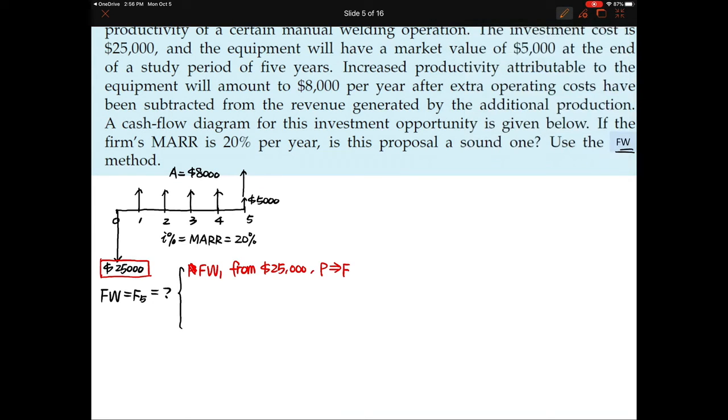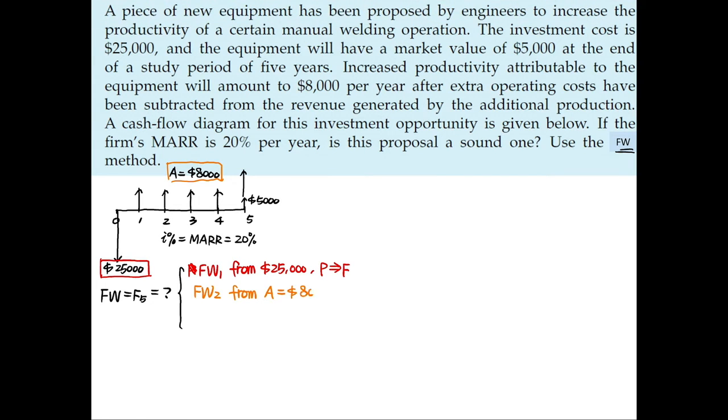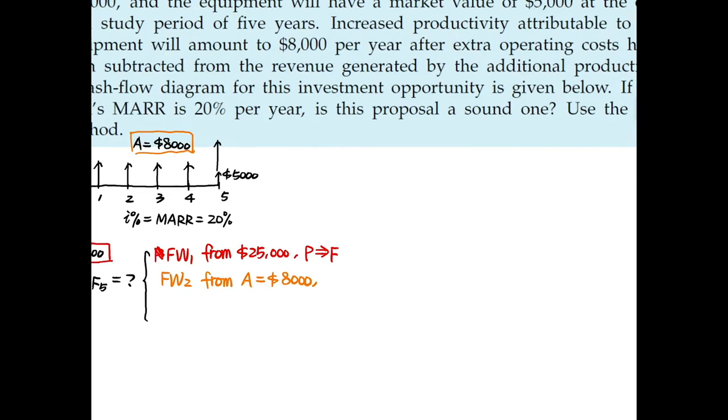And the second part is the 8,000 annuity. So you have FW part 2, which is from the annuity equal to 8,000, and we want to convert that to a future value.